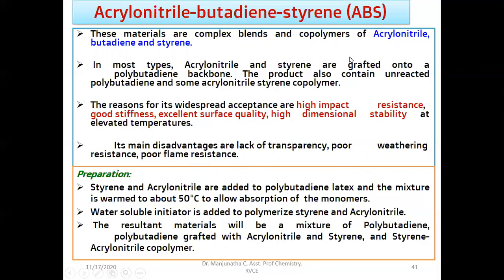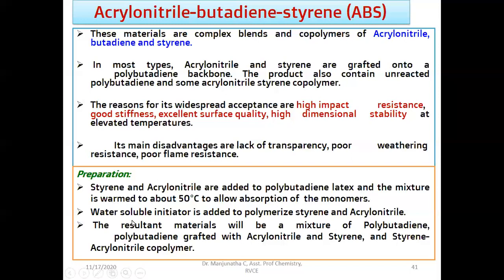ABS is prepared, as I told you, using three monomers: acrylonitrile, butadiene and styrene. Firstly, styrene and acrylonitrile are added to polybutadiene latex, and the mixture is heated to about 50 degrees centigrade to allow the monomers to absorb and then start polymerizing. This follows free radical polymerization.